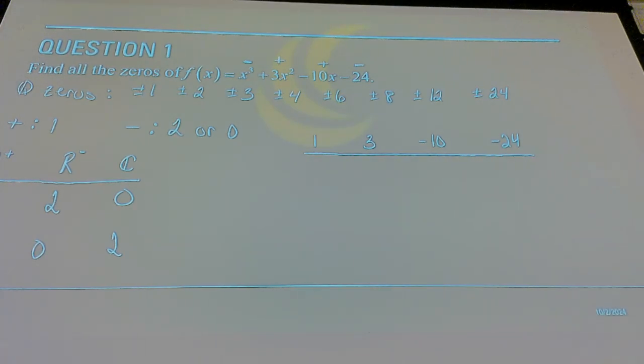I'm going to set them up like that, and then I'm going to do all of my test values along here. This way, I'm not writing out a synthetic division every single time. I just do it in one table. Start with 1. So we're going to divide by x minus 1.